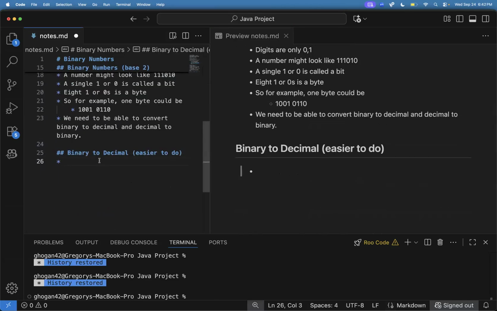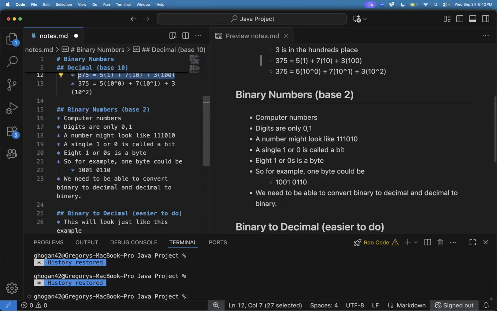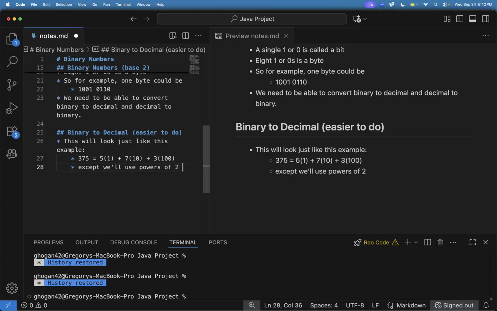So this will look just like this example, except we'll use powers of 2 instead of powers of 10. Okay?